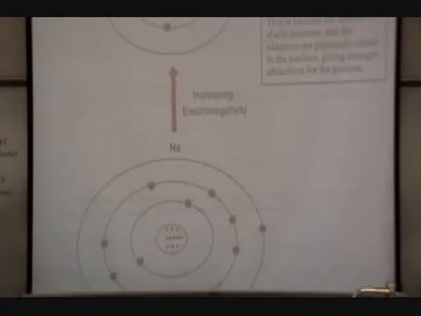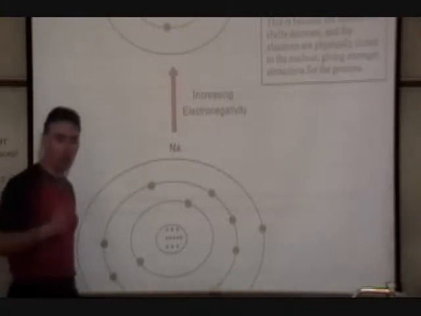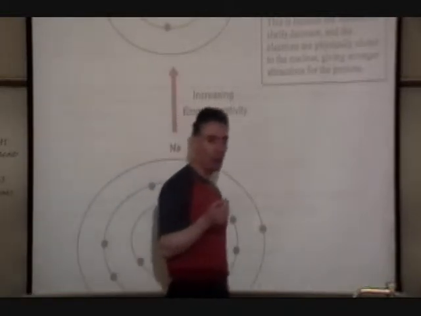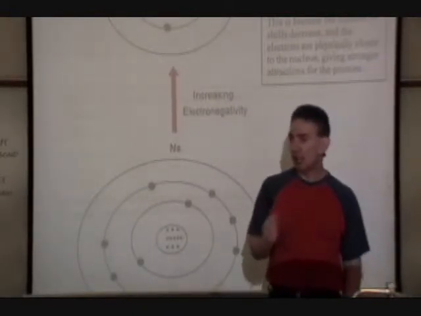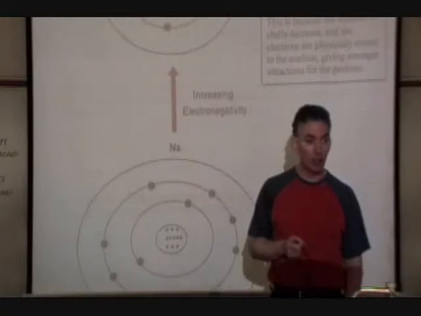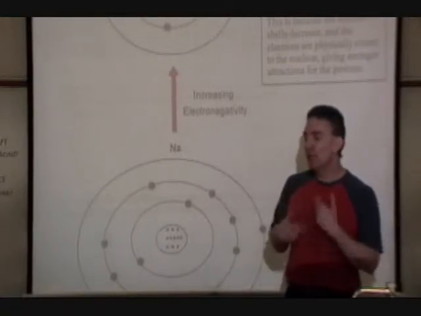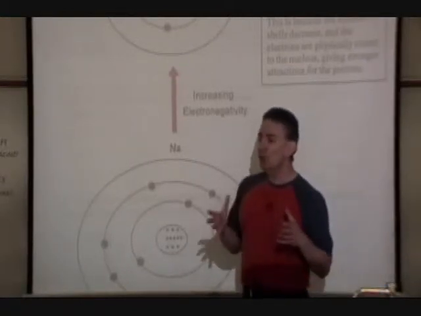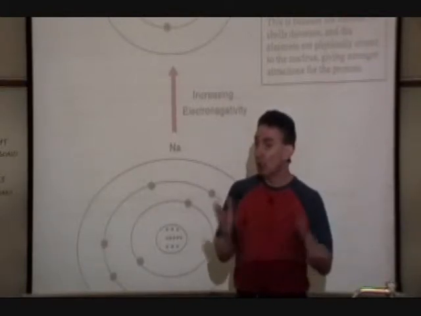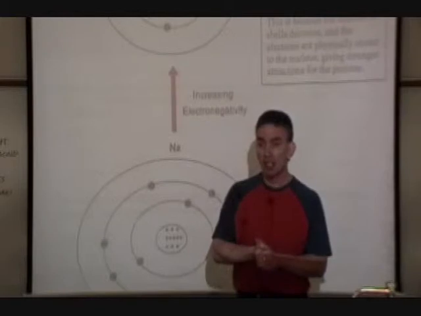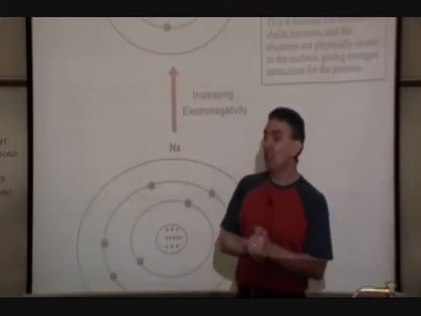was moving from the bottom of any particular column towards the top of the table. Again, the electronegativity increased, despite a decrease in the number of protons. But the removing of layers, the removing of shells, meant that those electrons in the last layer were much closer to the nucleus at a smaller and lower energy level.